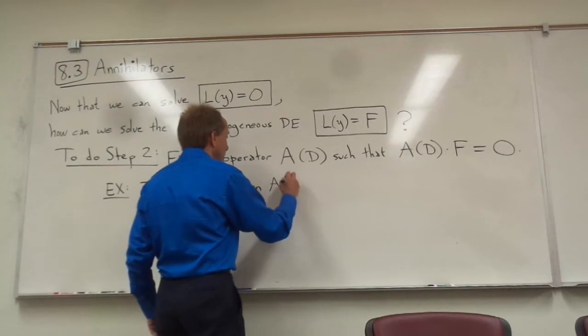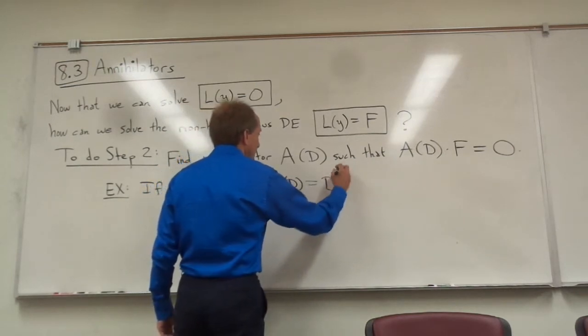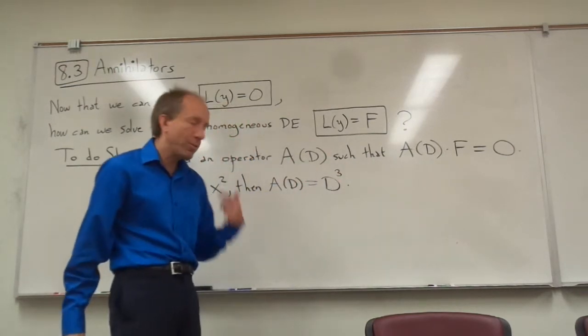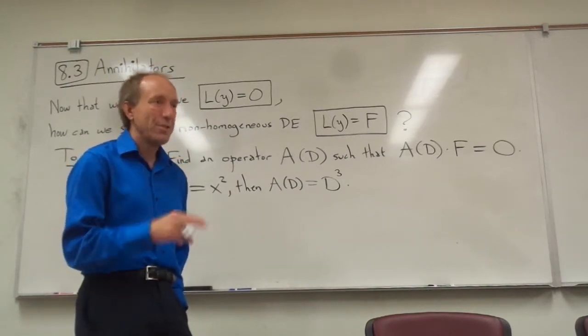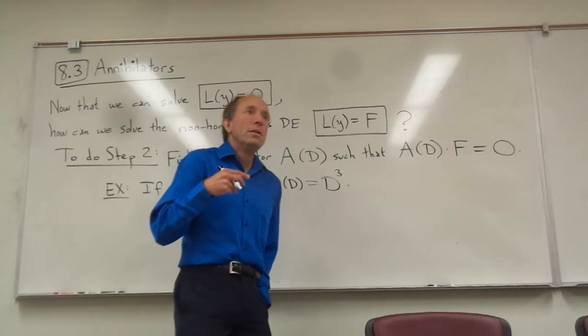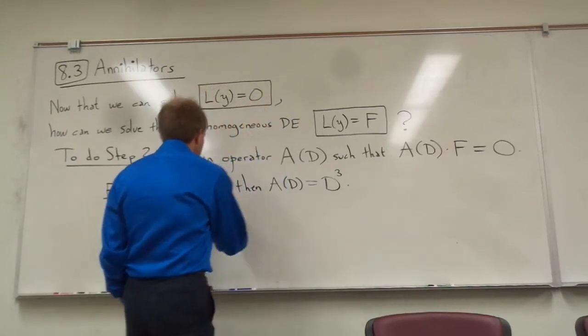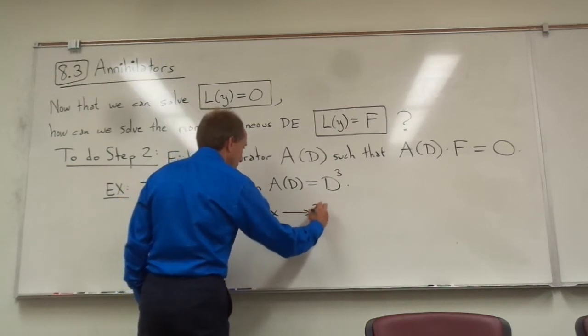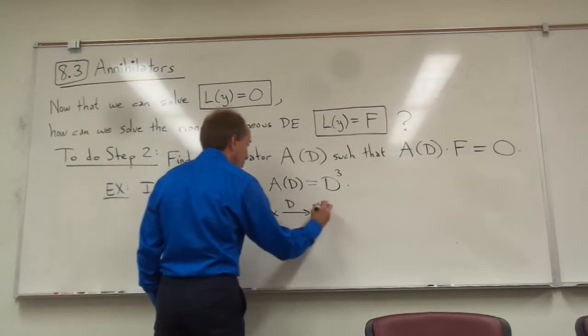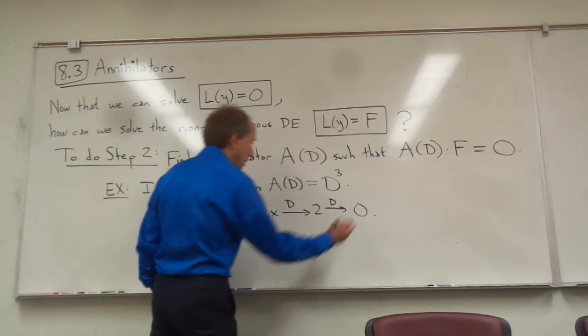Well, if you differentiate x squared 3 times, it'll eventually become 0. You take x squared, take the first derivative, it becomes 2x, take the second derivative, it becomes 2, and take the third derivative, it becomes 0.